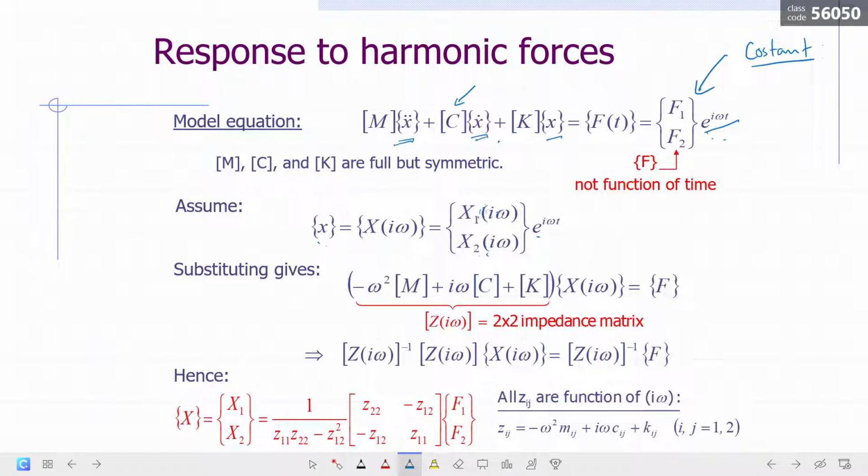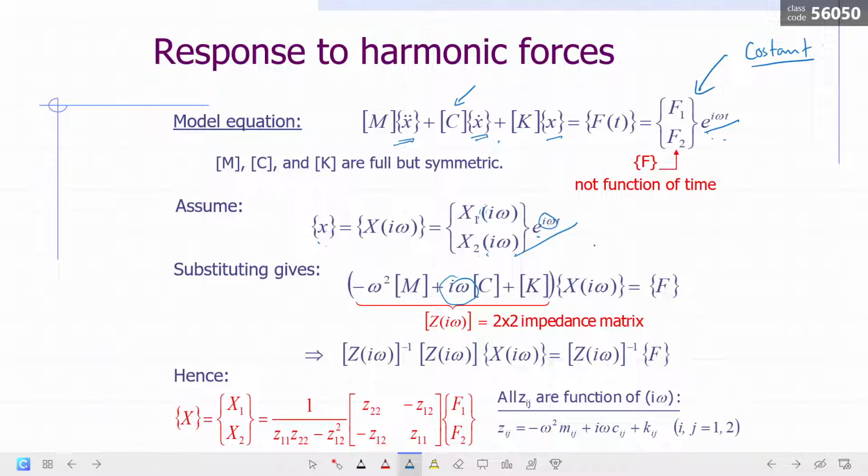Because when you take the first time derivative and second time derivative, the difference between these two is only the factor of i omega. So here is i omega, and then you take the time derivative again, you have another i omega.